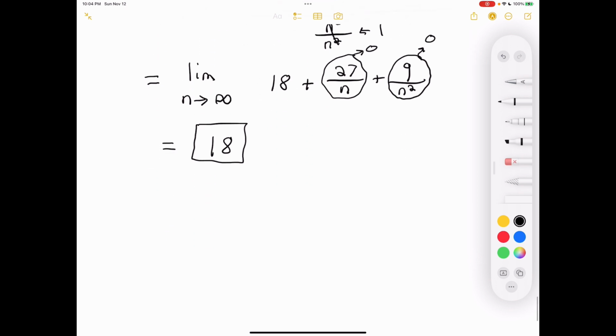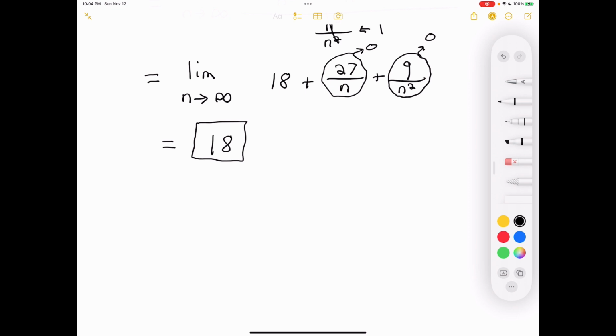Now remember what I posted up there. We're going to check our work to make sure we did this correctly.